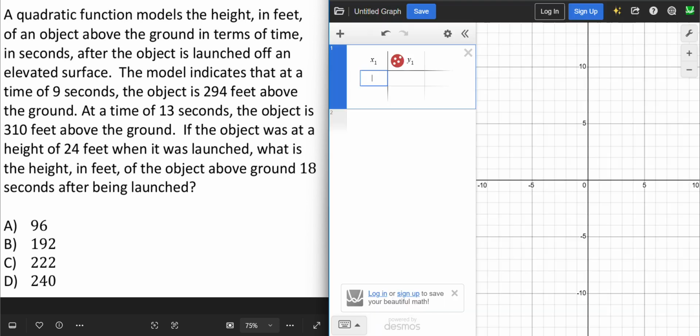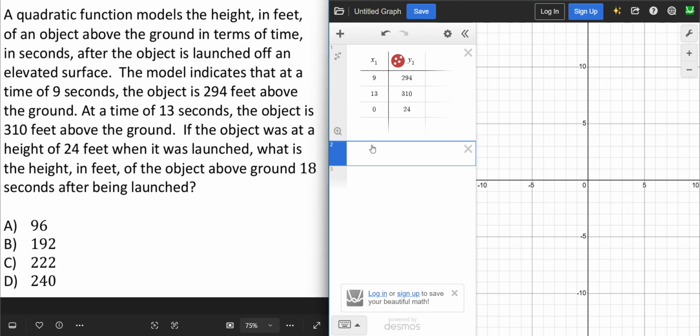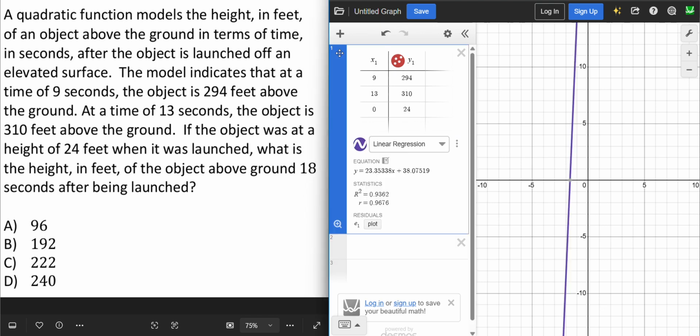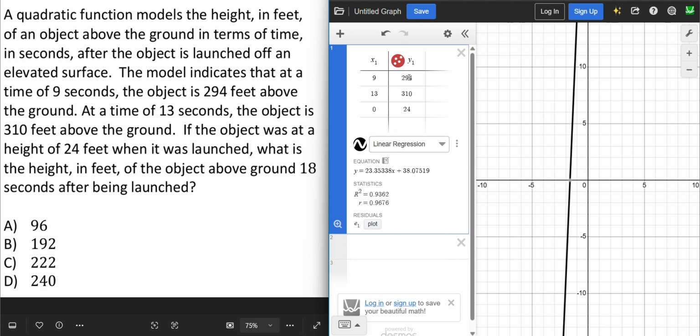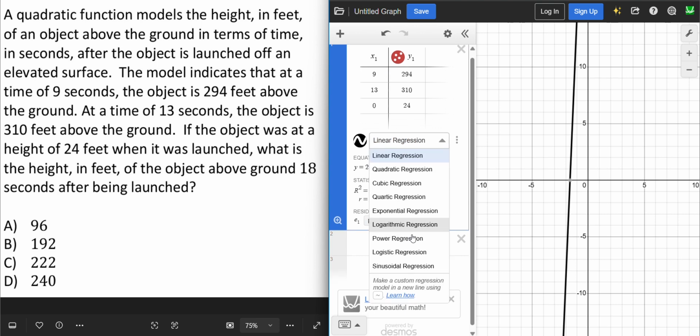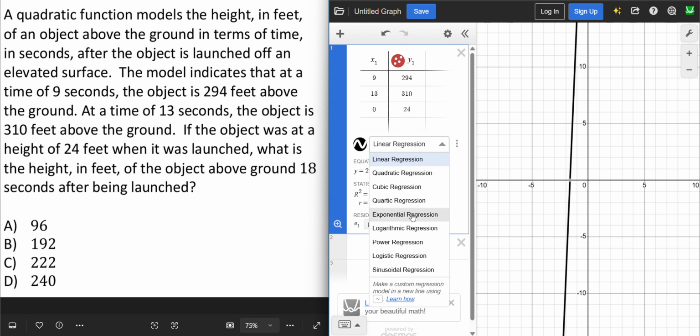So let's fill these values in here first. Okay, we are done with filling in the values. Let's try to form an equation. Basically all you have to do to form an equation is click here, and it will give you options to fill with various types of equation.